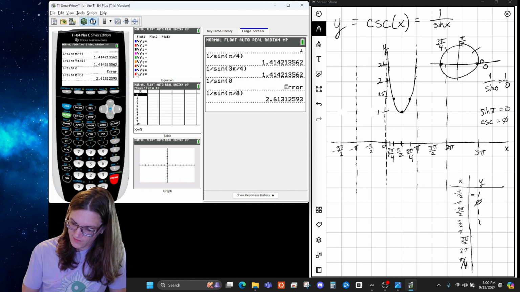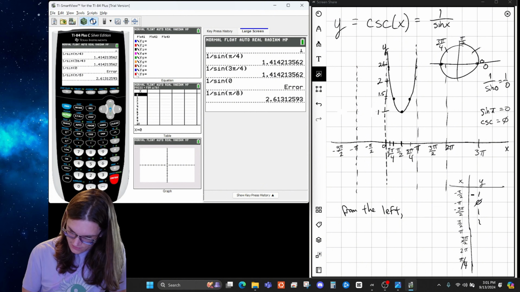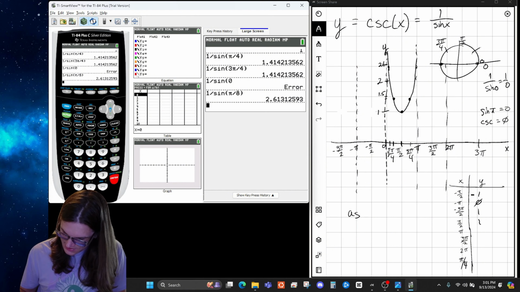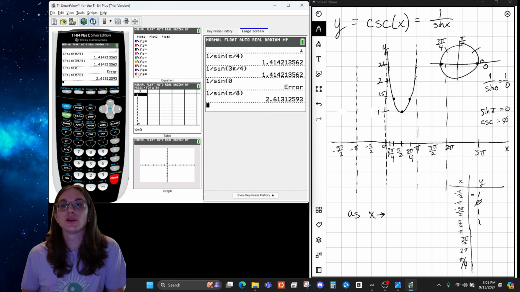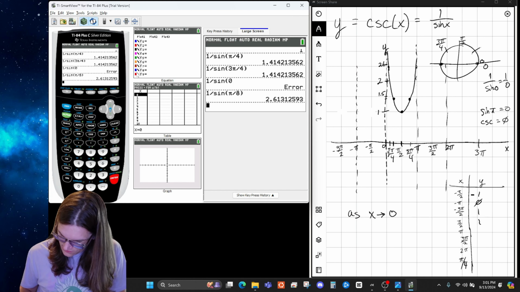Again, the formal way to say it here is from the left. The formal way to say it is as x approaches, or goes to, or tends toward 0 from the right. This means from the right.